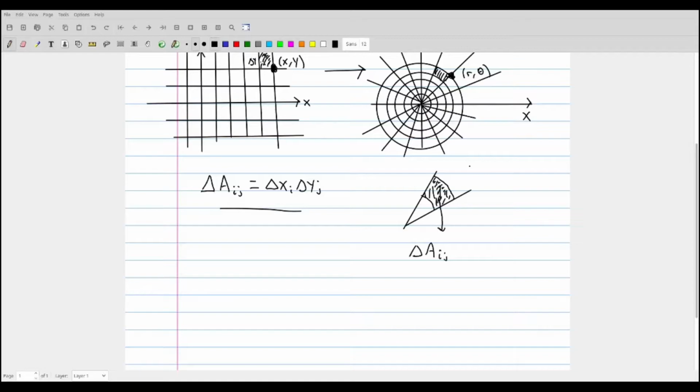You'll remember that for any segment of a circle, say some segment of the circle right here, call r the radius of this segment, r_j, and the arc length of this segment, call it delta s_j, is going to be equal to r_j times delta theta_j, where delta theta_j is the change in angle on that segment.